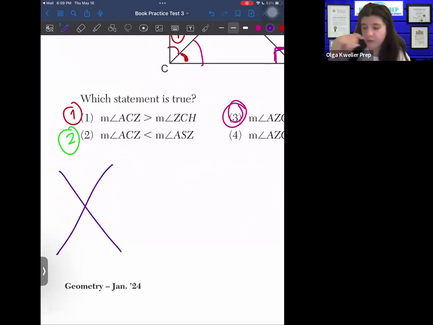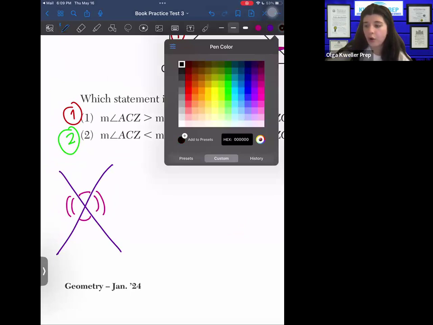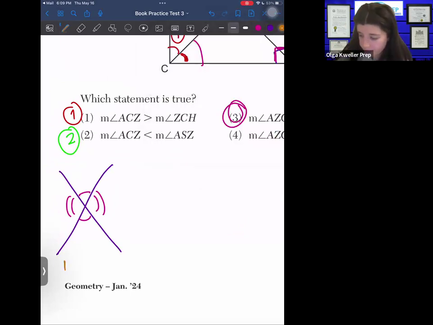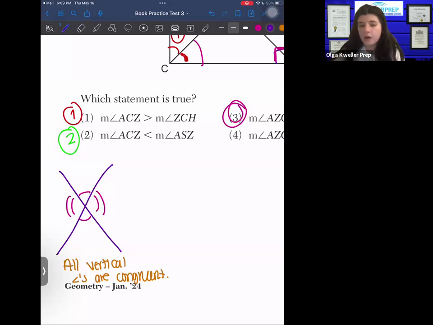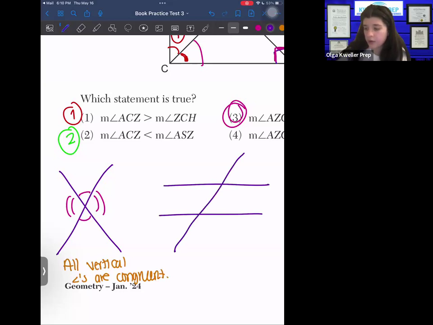What are the angles formed by two intersecting lines like this called? Yeah, vertical. So you guys need to know that all vertical angles are congruent, right? That's pretty easy. And then the other piece that's very commonly tested are perpendicular lines cut by a bisector.